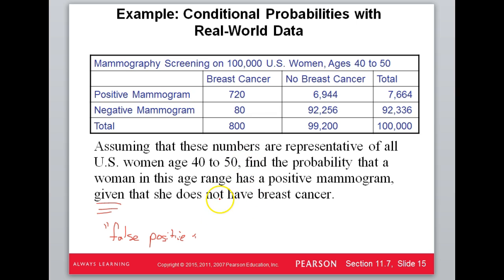Okay, so what do we need to do? Well, when we have these conditional probabilities with a table, the given condition will narrow us down to a row or a column.